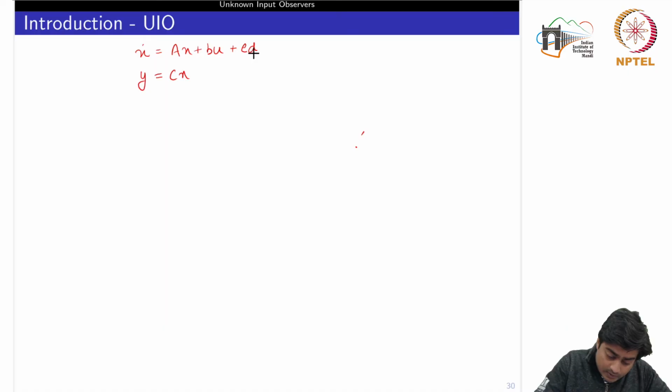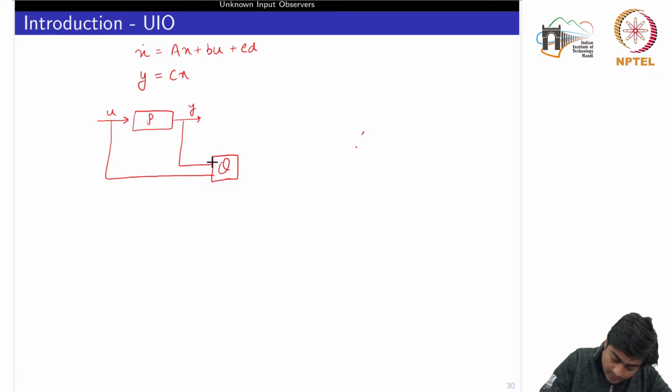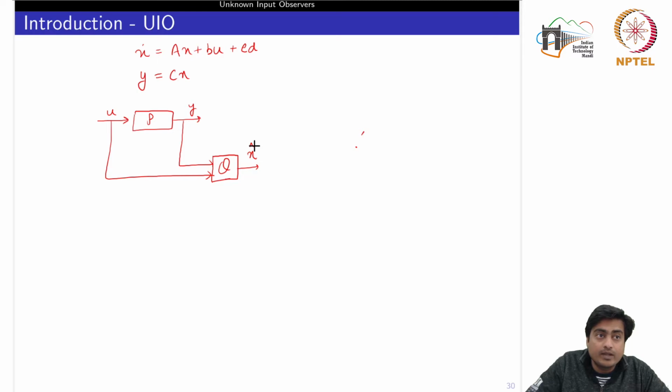Okay, so for this disturbance, let's say we have this plant with the input and output y. By taking these two measurements, we have designed an observer which gives us the estimate of the state. Now if we have this disturbance term here in the plant itself, then what would happen to the observer?